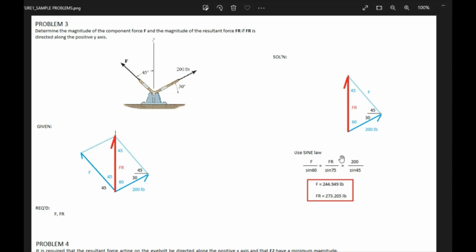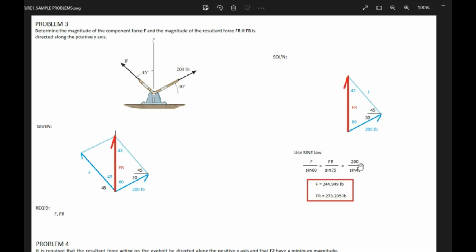So, formulating the equation for this problem using sine law, you have F, so this force F, over sine of the opposite angle, 60. So, F over sine 60 equals Fr over sine of this, what is this? This is 30 plus 45, which is 75.